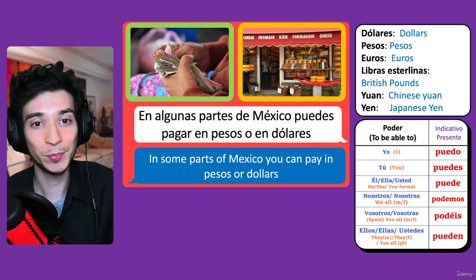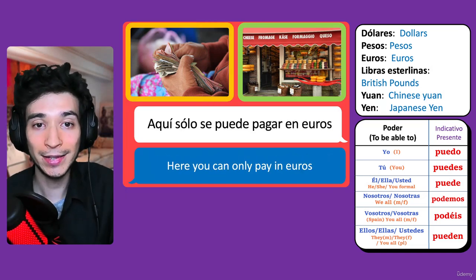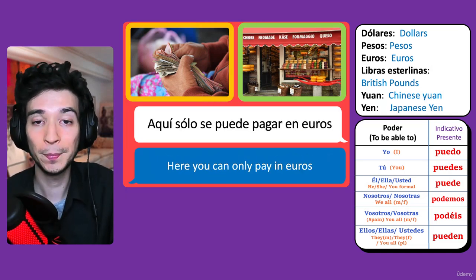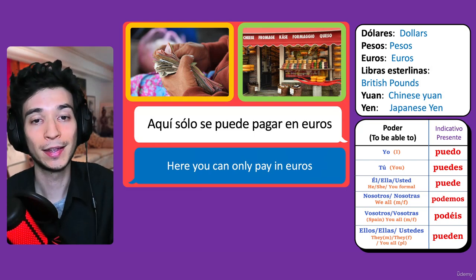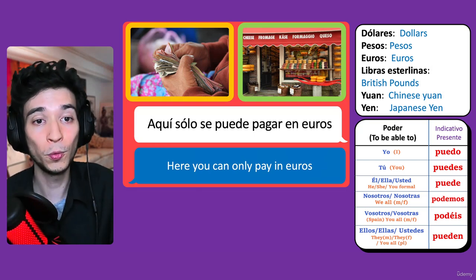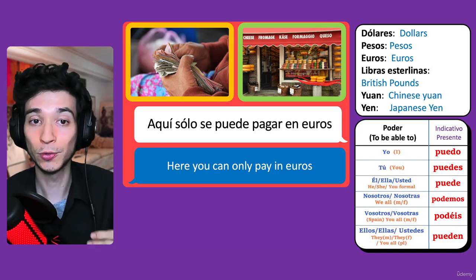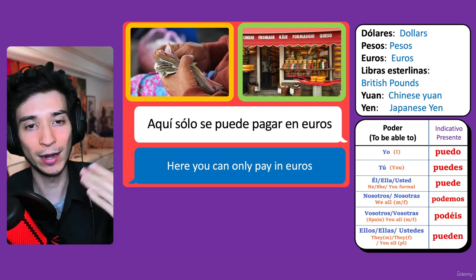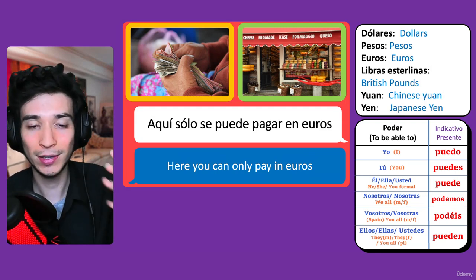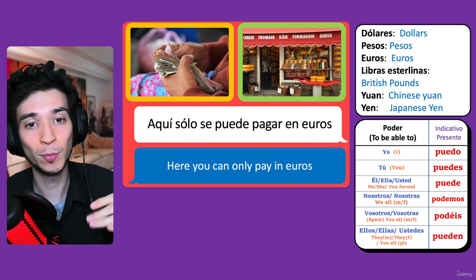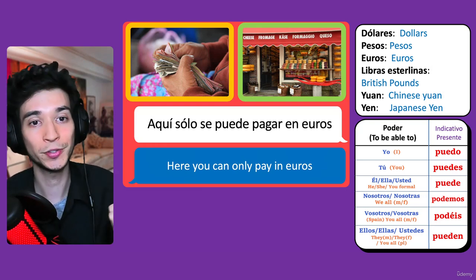Okay, one more example. Aquí solo se puede pagar en euros. Here, you can only pay in euros. So solo means alone, and it can become only according to the context.